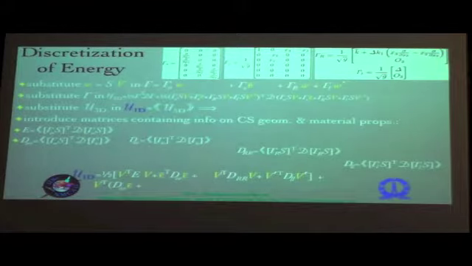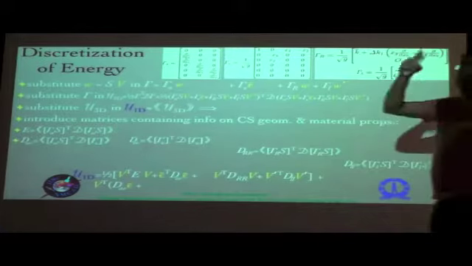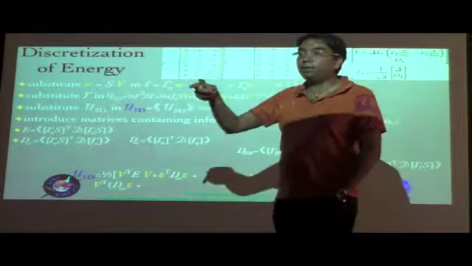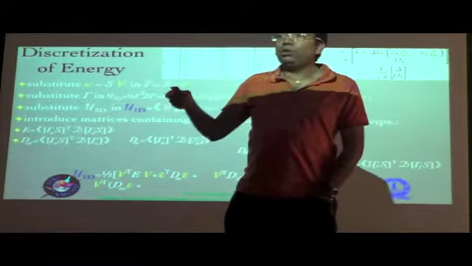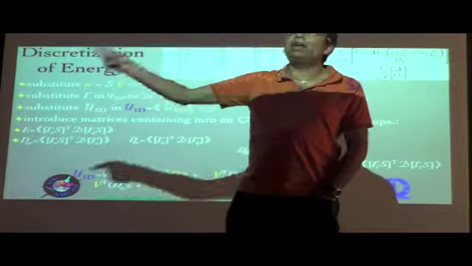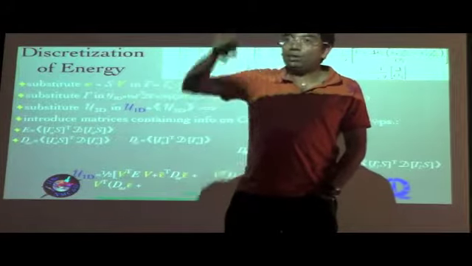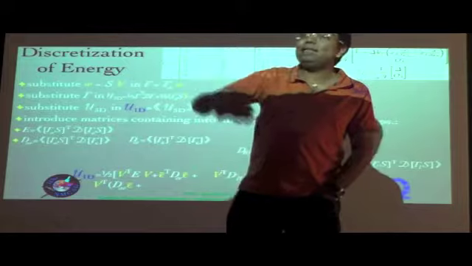So n is 3 times the number of nodes. No, but you have S into V. S is a 3 by n matrix, right? Yes. So your V is n by 1. So that 3 is already taken care of in the 3 rows of S.